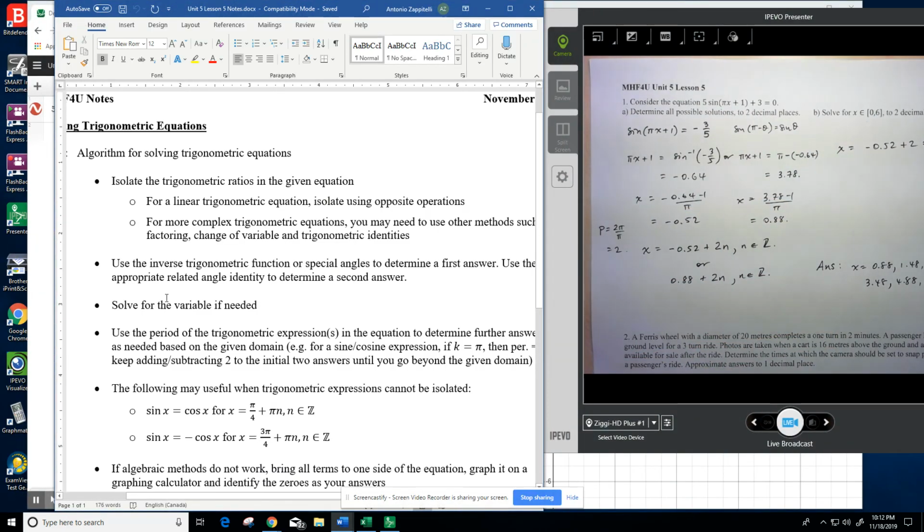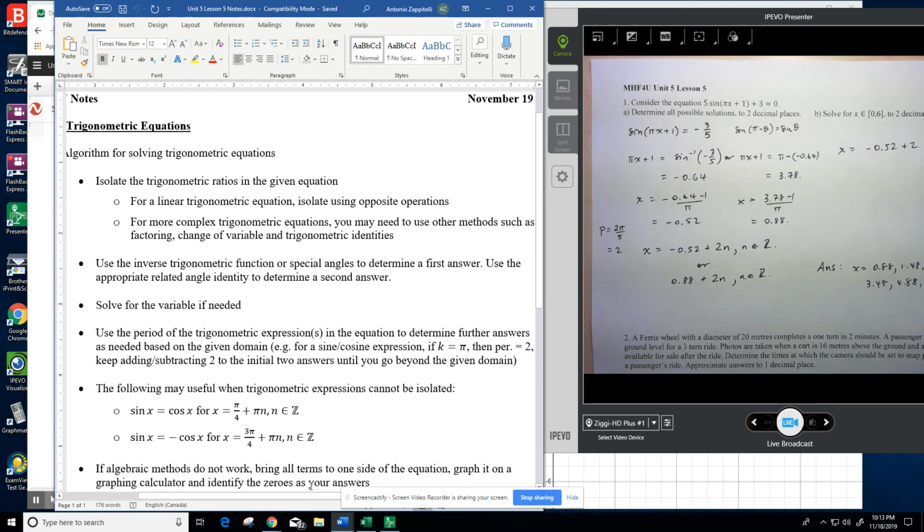Okay, so the algorithm for solving trigonometric equations. Step number 1 is to isolate the trigonometric ratio. In this case, it was very simple because it was a linear trigonometric equation, so we just had to use opposite operations. We'll talk later on about the more complex ones and the tools that you might use to isolate those trigonometric ratios.